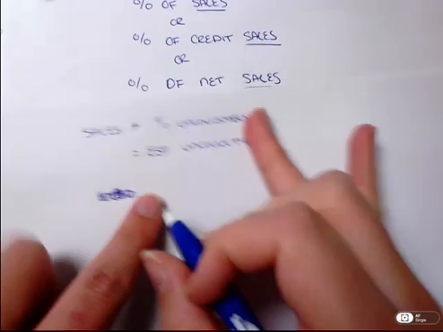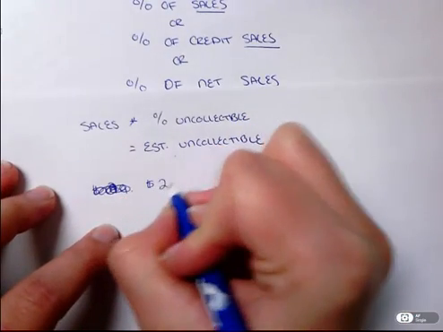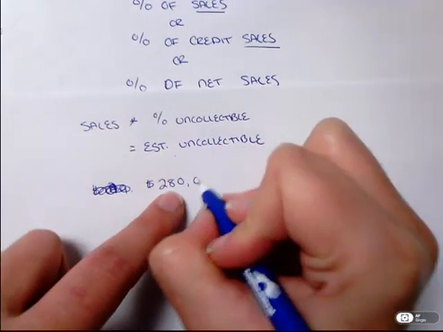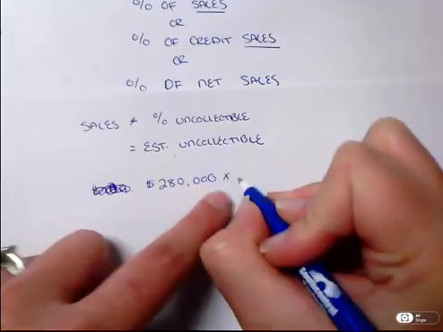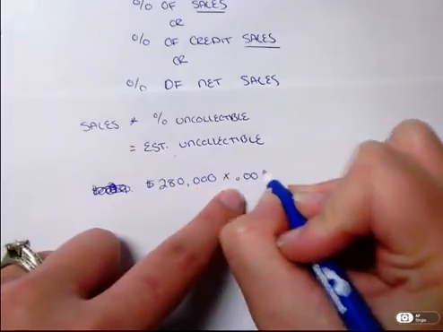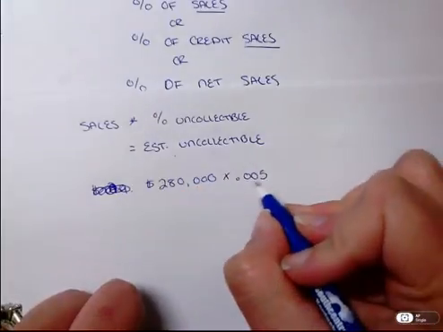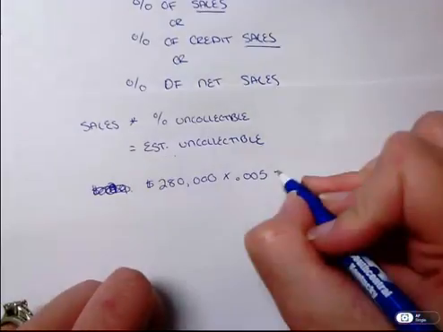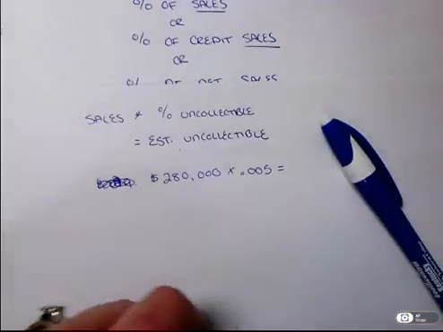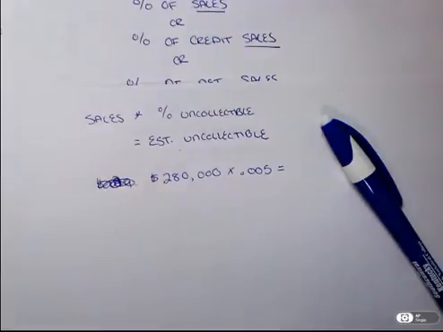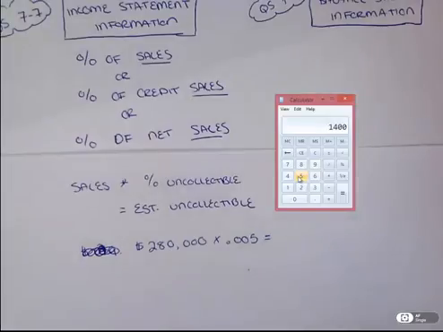Sales are $280,000 times 0.005, move the decimal over 2 times, and do the math on that. $1,400 is expected to be uncollected.